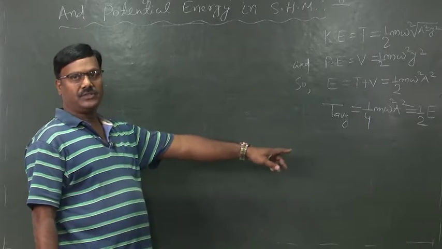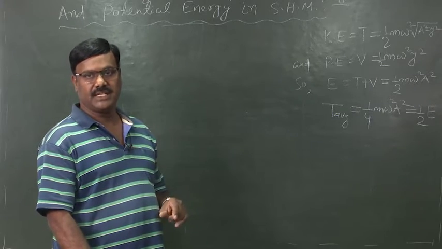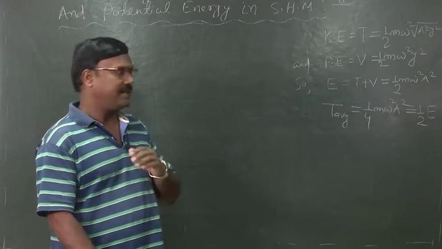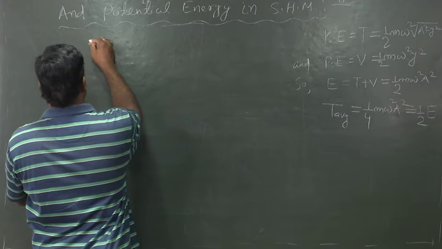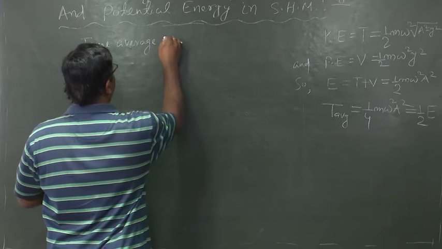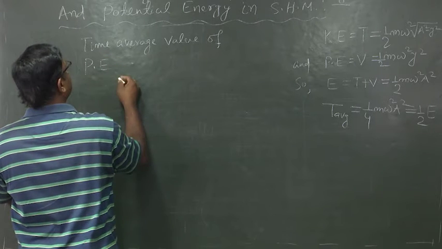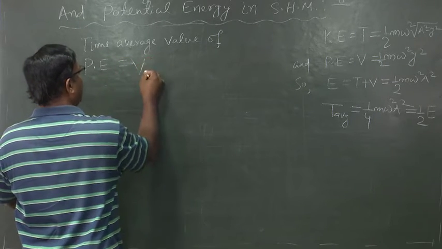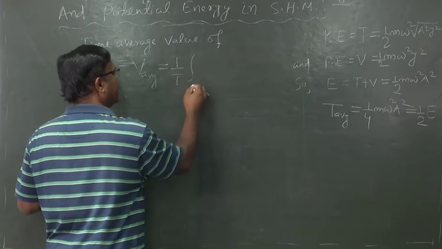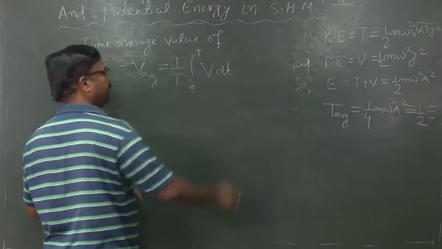Now, we have to find out the time average value of potential energy of a body executing SHM in the similar manner as we have done in case of time average value of kinetic energy. Let us write the time average value of potential energy, V average, which is equal to 1 by T integration from 0 to T V dt.